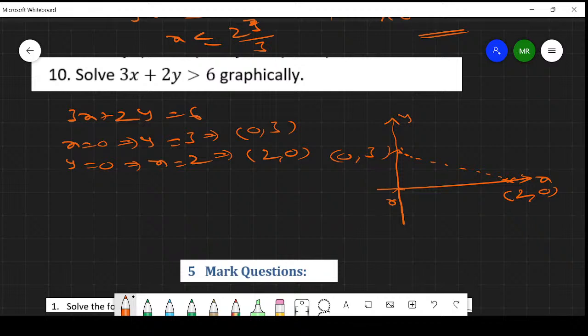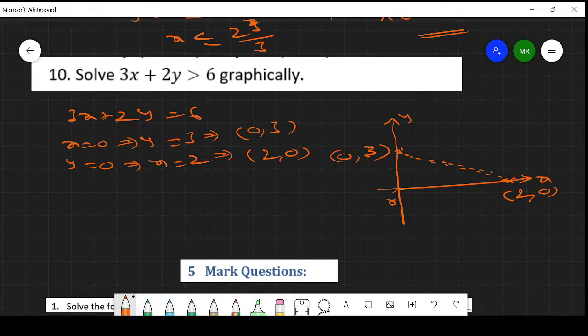For 2 marks you can show it like this. For 5 marks you should do it on the graph sheet only. The points I have taken are 0, 3 and 2, 0, correct? The reason I have taken a dotted line is that equality is not there; a broken line you should draw.